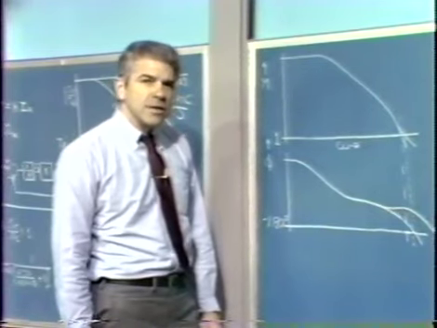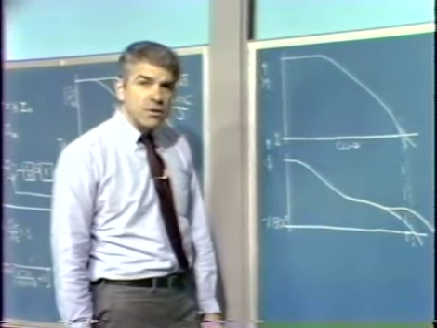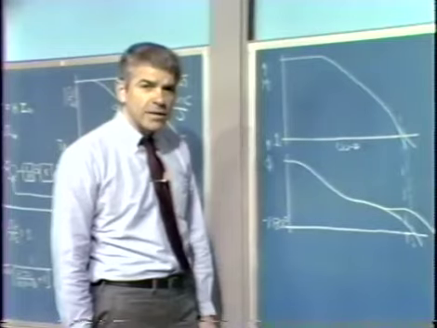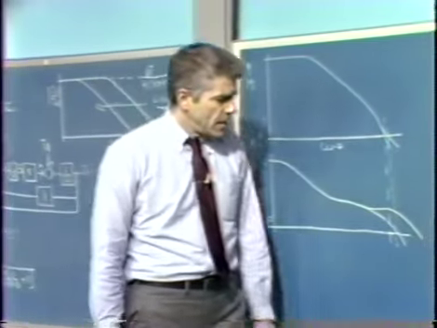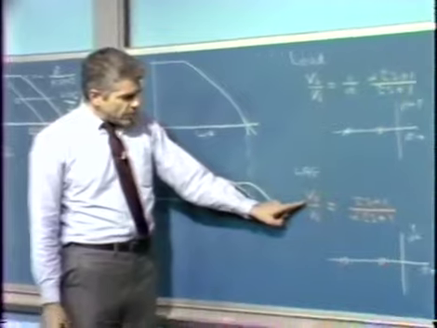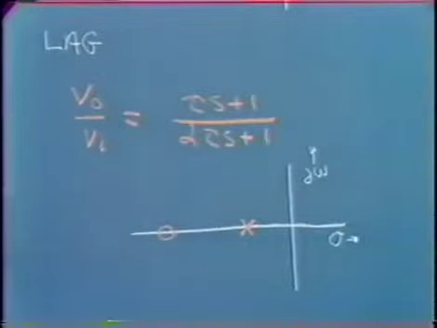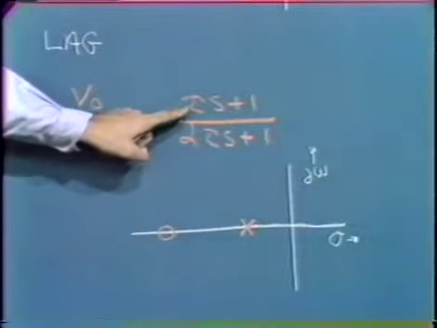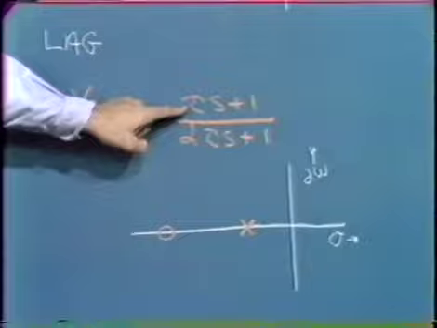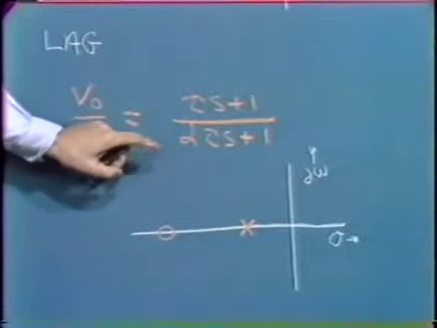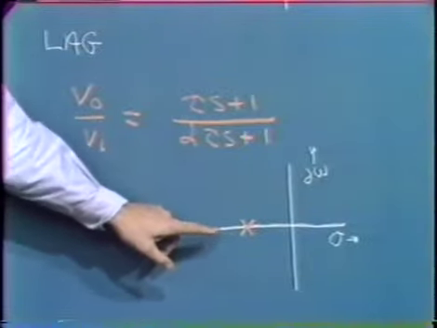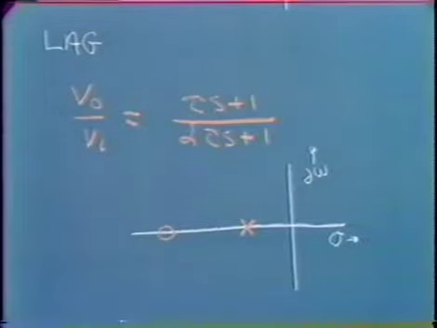A second possibility is to add a transfer function to the loop transmission that's called a lag type transfer function. And here's the expression for a lag transfer function. Again, the output over the input is a combination, this time, of a pole at a relatively lower frequency than the zero. We have this sort of a pole zero diagram for a lag kind of transfer function.